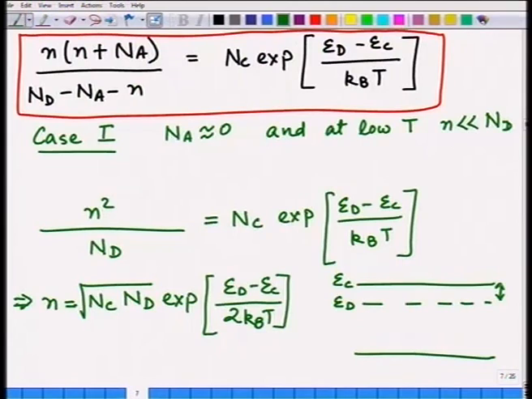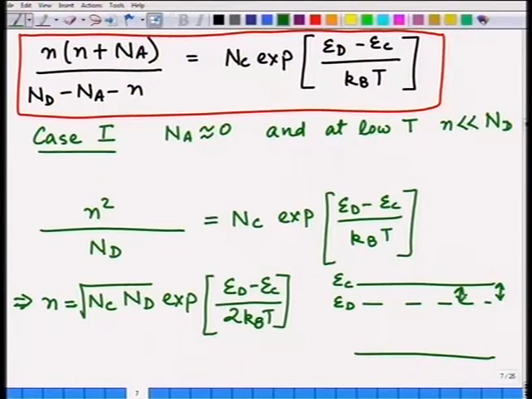What does that mean? In the intrinsic case, first of all it will be a straight line. If I take log of N, then I will have a straight line as a function of 1 by T. Second, I will have a slope which corresponds to this gap.